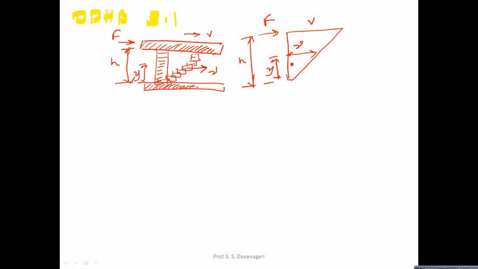This is F, this is V, and this is H here. And if you consider a small distance from your fixed plate, it's small v. Now in this case, F is a force, capital V is velocity in meter per second, and F is in Newton.